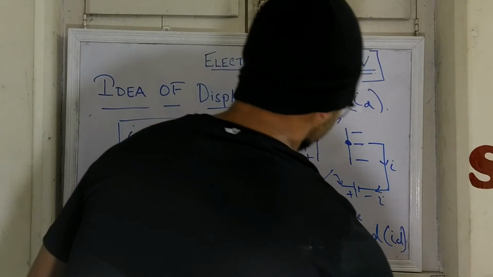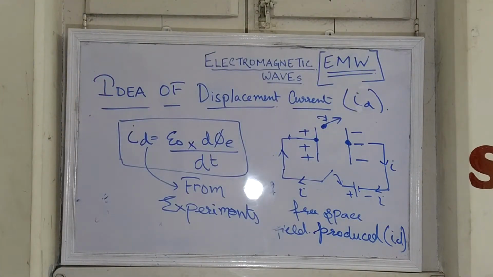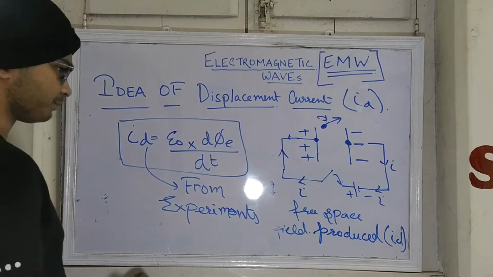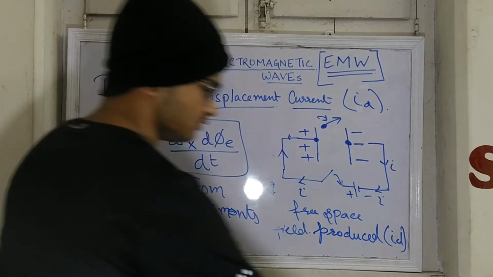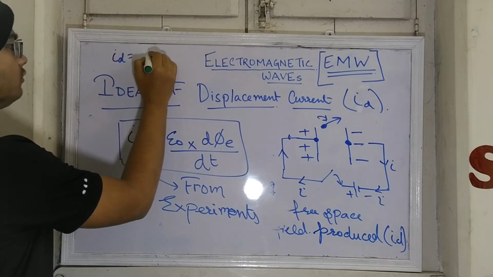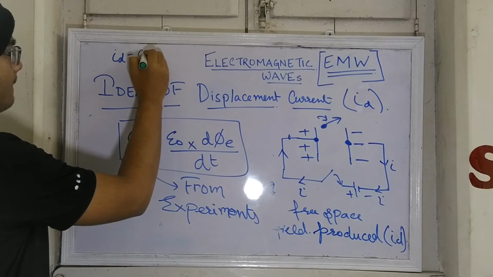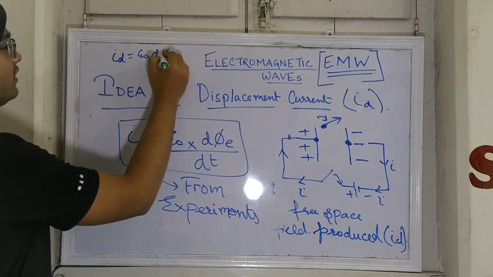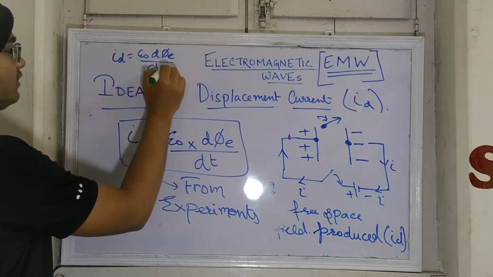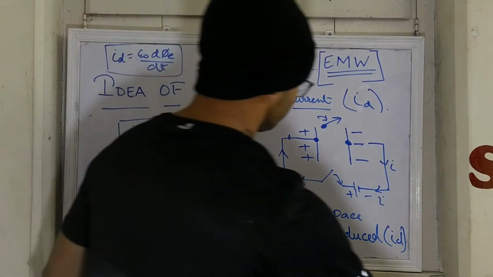So let's come to the definition of displacement current. I write this notation here: ID equals epsilon naught into d phi e by dt.